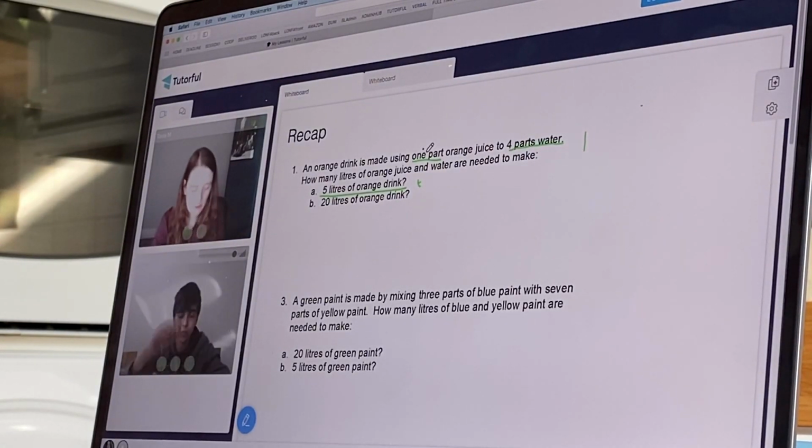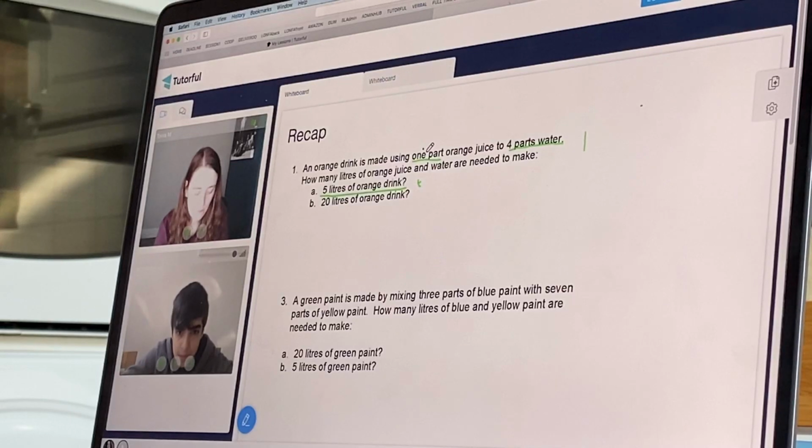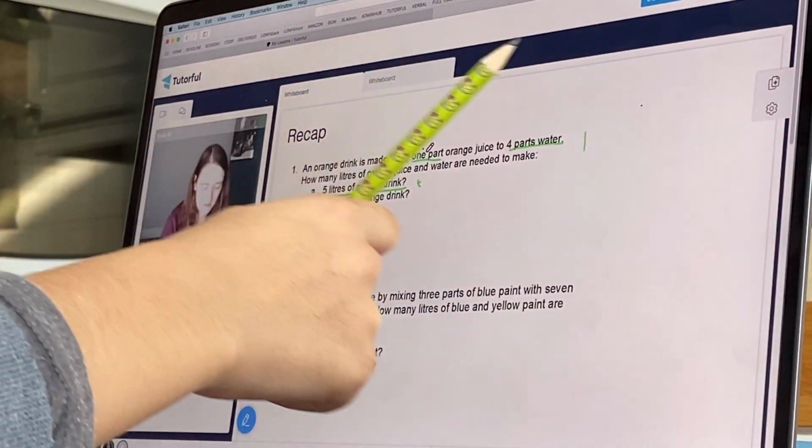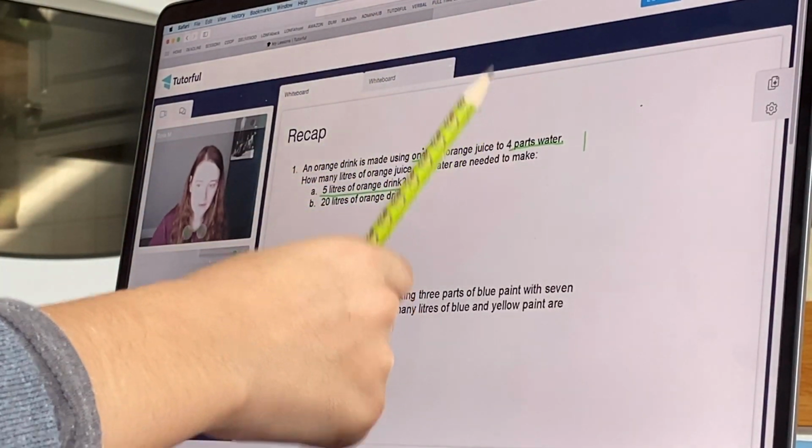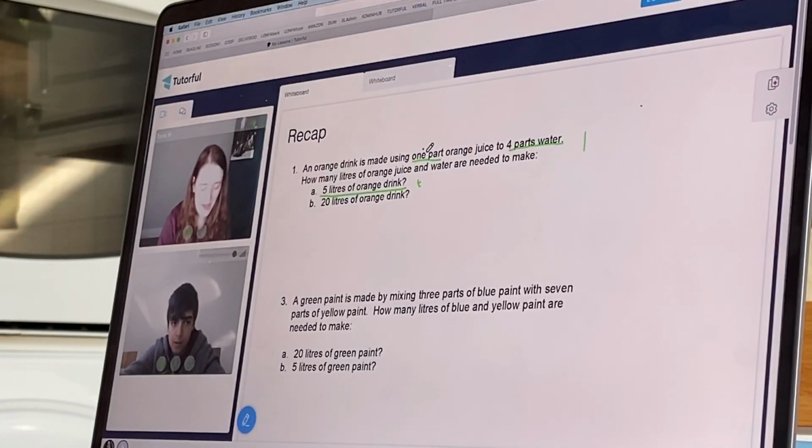What will the units be? 1 and 4, yes, but we need some units. 1 litre. Brilliant. And for the 4, it will be 4 litres, because those two added together make 5.